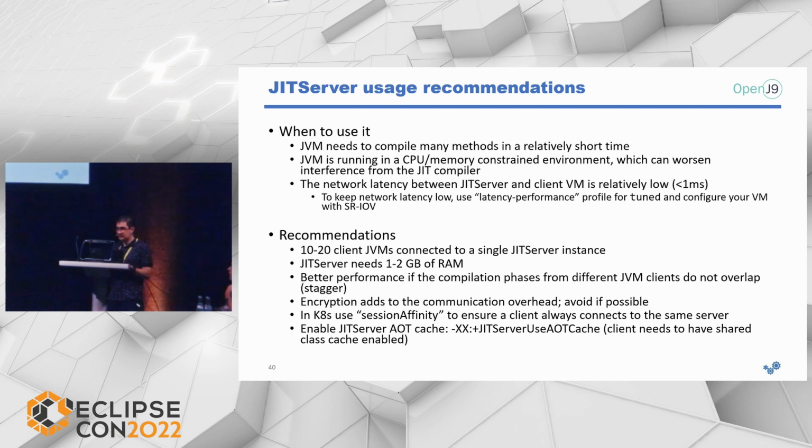So what happens with this mechanism, the methods that the JITServer has compiled will be stored locally. And if another client wants to use a method that has been previously compiled, then it can be fetched directly from the JITServer cache rather than compiling it again. So you save on CPU for compilation.